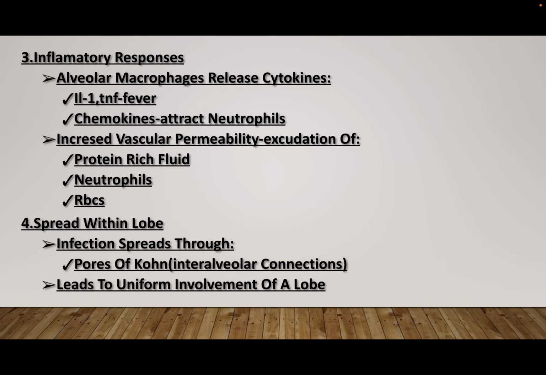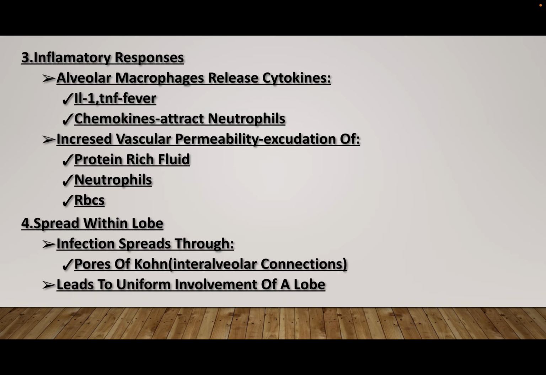Now, the inflammatory response. Alveolar macrophages release cytokines like interleukin 1 and chemokines, which attract the neutrophils. Increased vascular permeability leads to the exudation of protein-rich fluid, neutrophils, and RBCs.